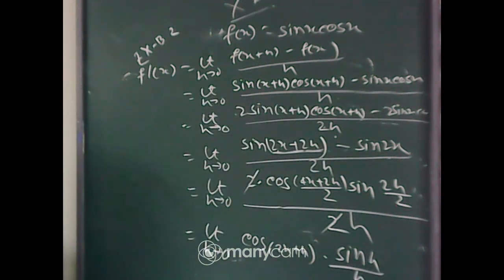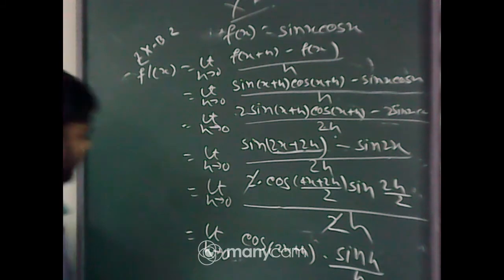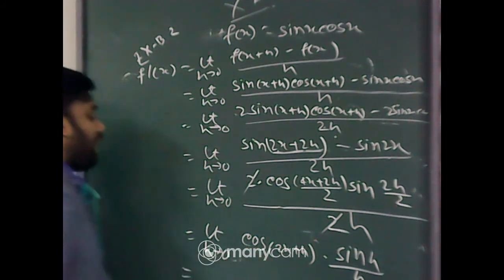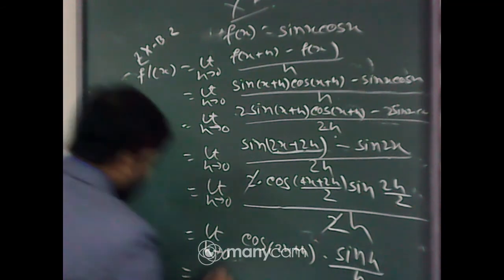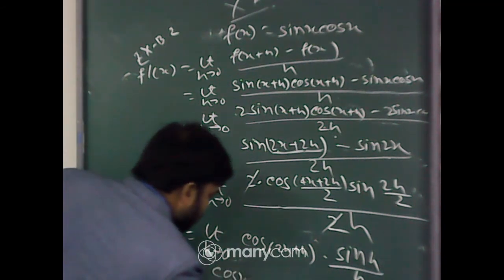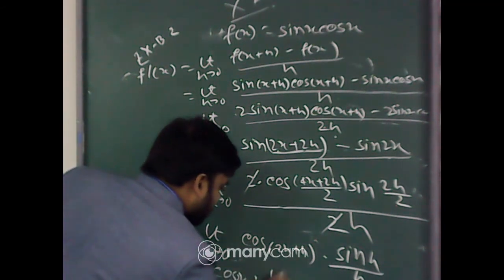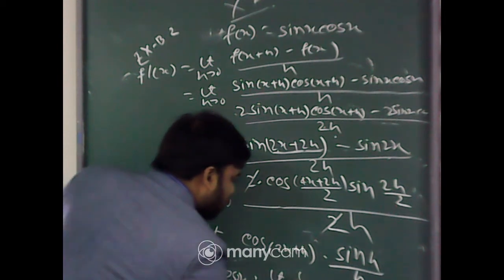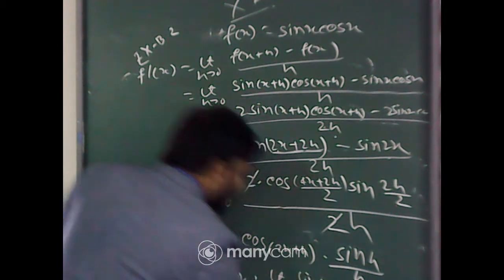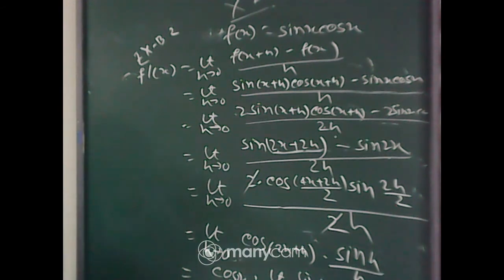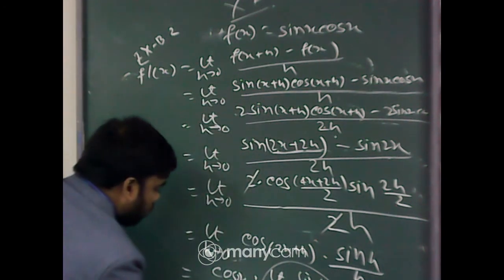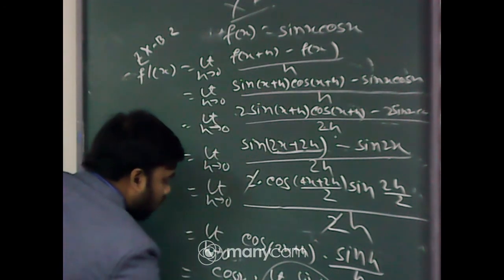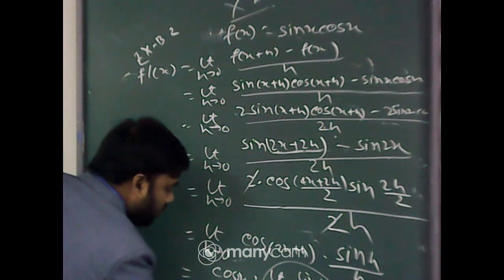Now separate the limit, putting the value: cos(2x+0) will be cos 2x, and into the limit as h tends to 0 of sin h by h. You know the value of that standard limit equals 1, so that is cos 2x into 1, that is cos 2x. So the answer is cos 2x.